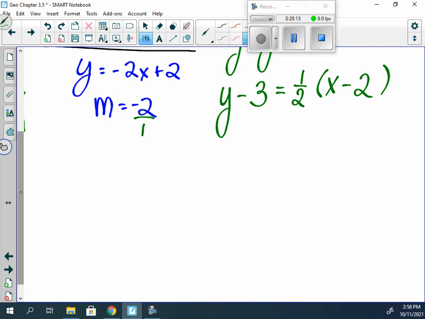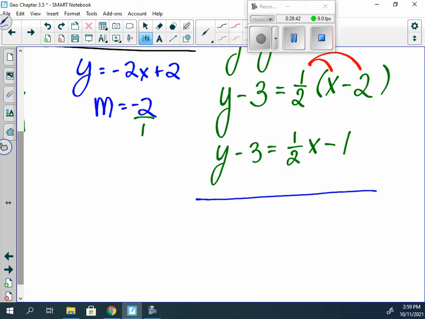Now the next thing we need to do is distribute the 1/2 so that we can eventually get y by itself. 1/2 times x would be 1/2 x. 1/2 times negative 2 is going to be negative 1, because 1/2 times 2 is 1, and since it was minus 2, it would be negative 1.